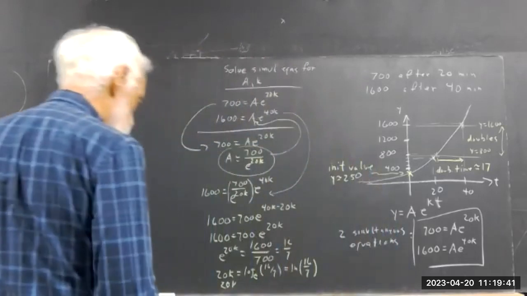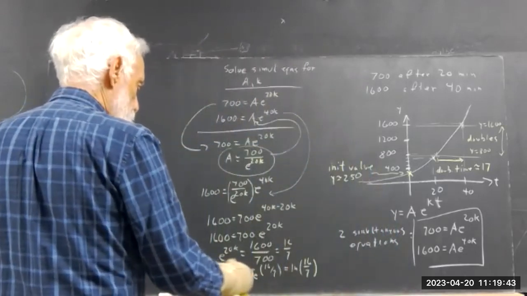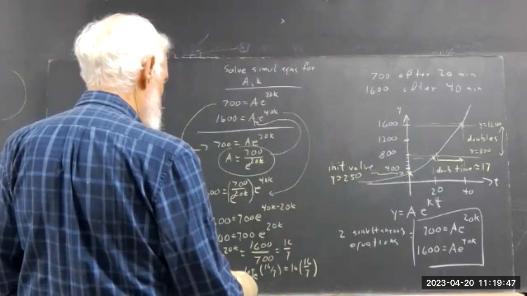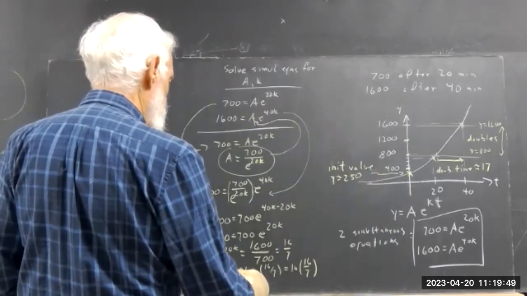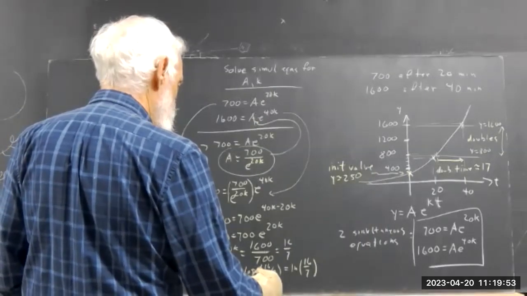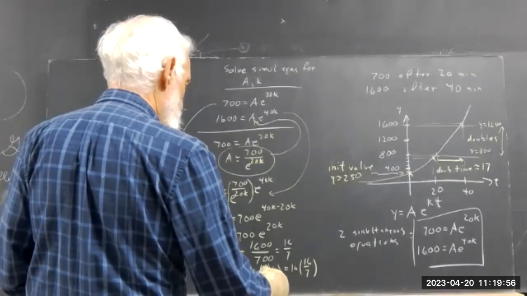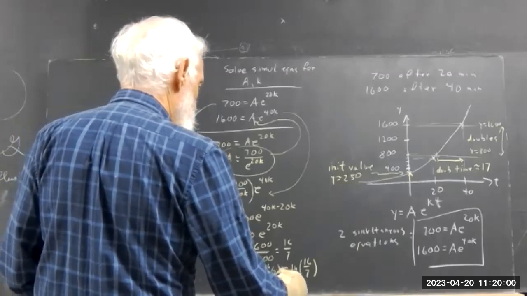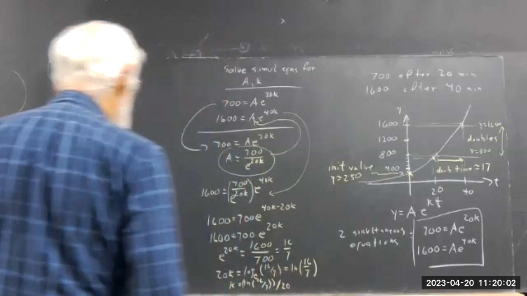I'm actually a little ahead of myself. Because I can now say that k equals the natural log of 16/7 divided by 20.